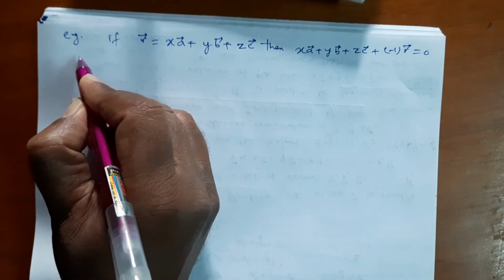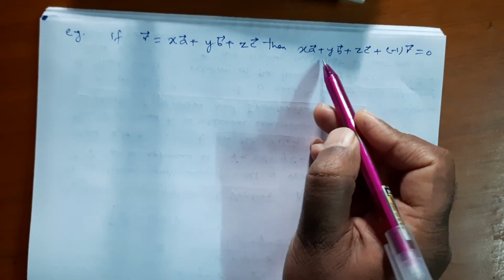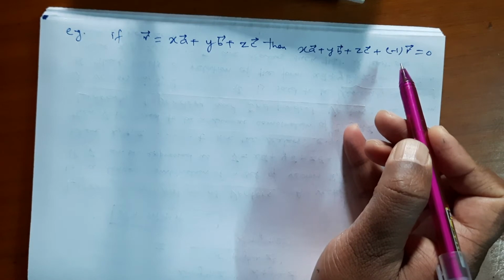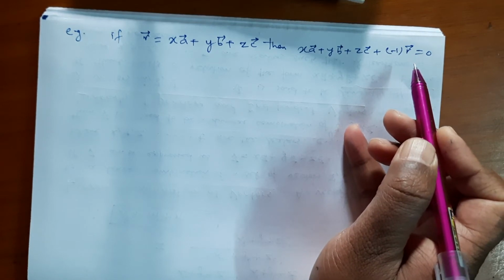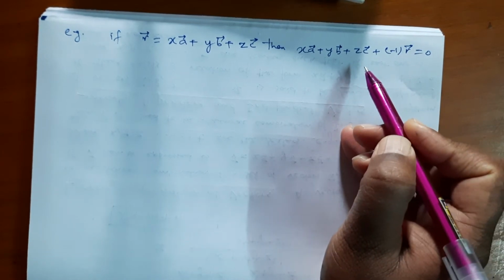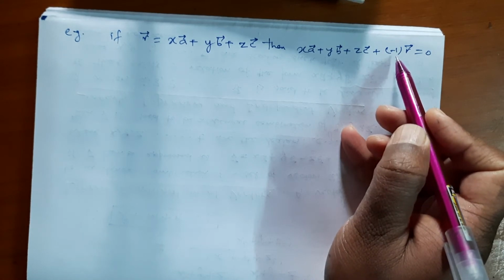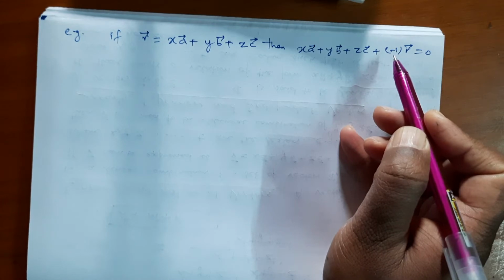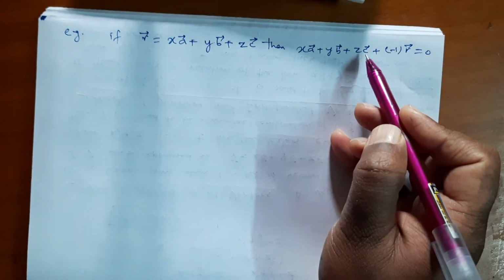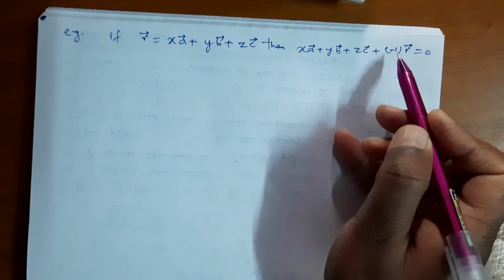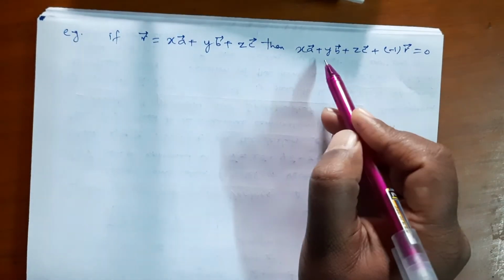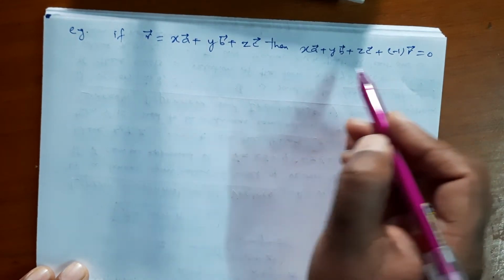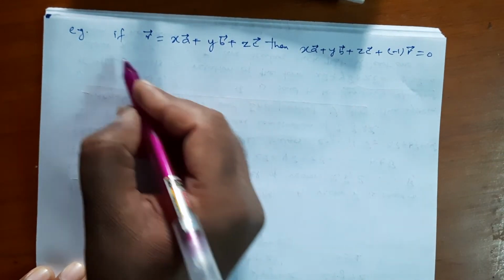So the set of vectors A, B, C and vector R are linearly dependent because here the scalar minus 1 is not equal to 0. Even if x, y, z were 0, minus 1 is not equal to 0. So this set of vectors A, B, C and R is linearly dependent.